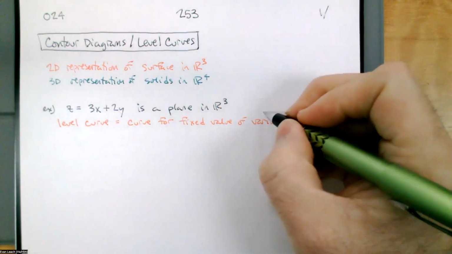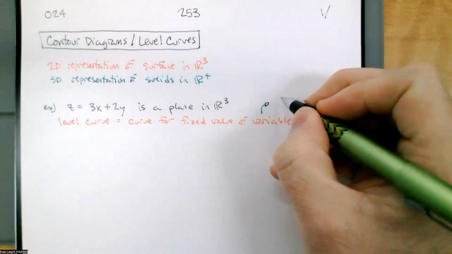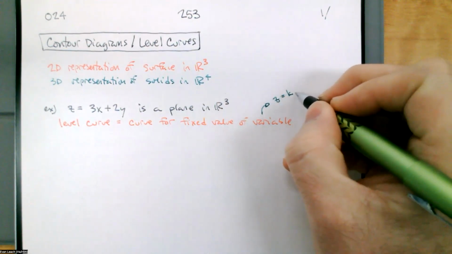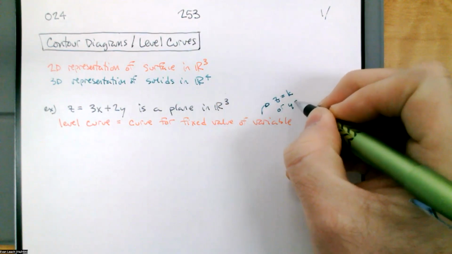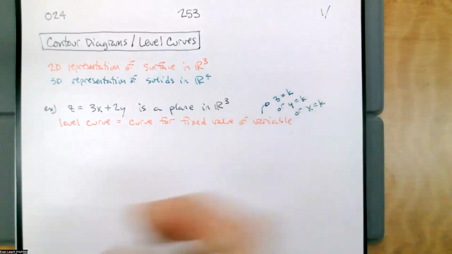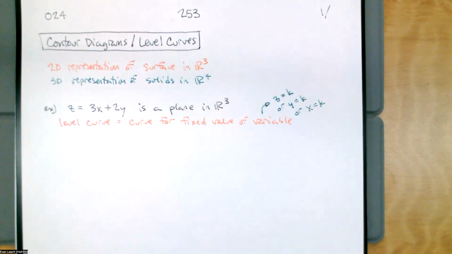So the fixed value of the variable is K. We're going to pick one variable and look at a bunch of different values of that variable. Because once we plug in a number for one of the variables, we get an equation in two variables.